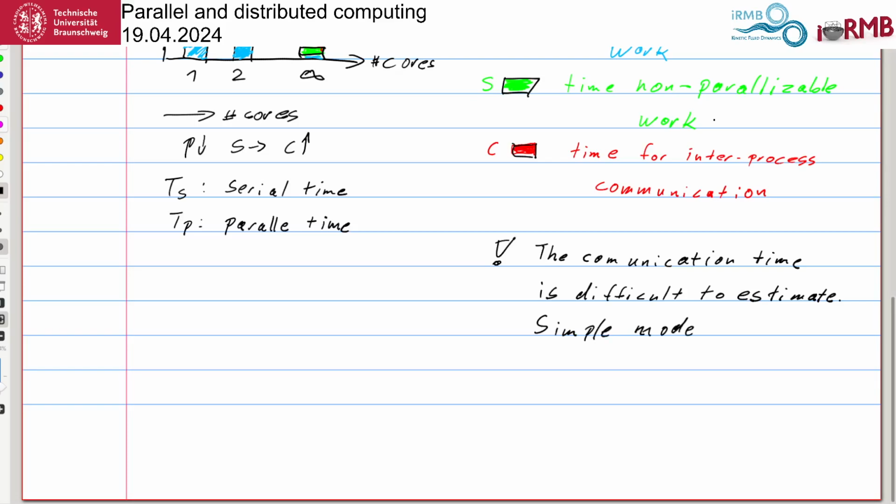However, this does not mean that in reality this is a negligible thing. So in reality, communication time can be very significant, but in an ideal world, communication does not exist. Okay, so I said something strange here, yeah? So in an ideal world, communication does not take any time. So we need communication. But in reality, the time for communication can, of course, be significant, or very significant, actually.